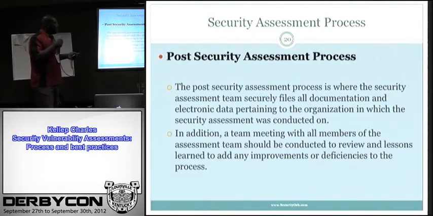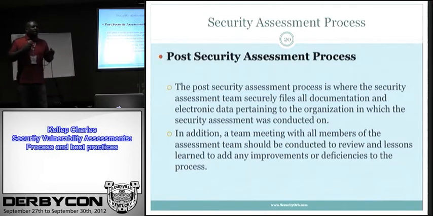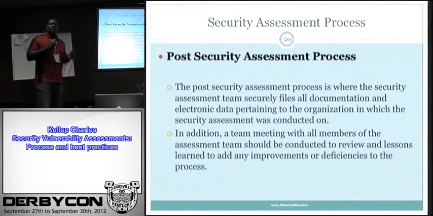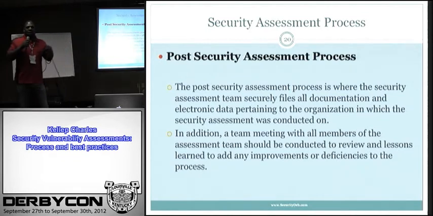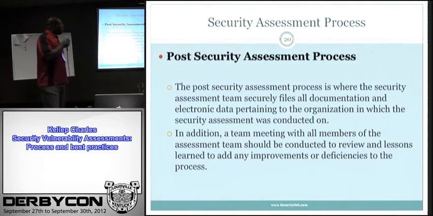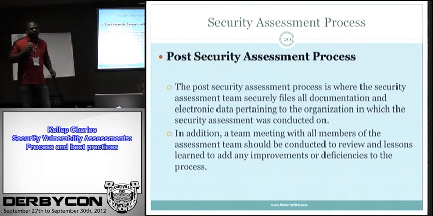And it's not all technical stuff. It's stuff pertaining to maybe a hotel, or the politics associated with the particular site that we were scanning and assessing. All of that goes into the post-security assessment report, so it's like a knowledge base for the next time.